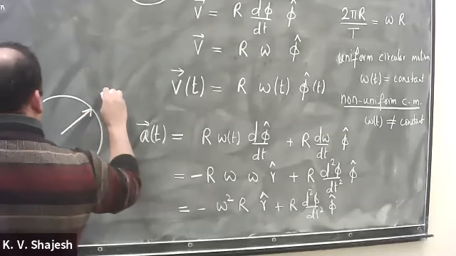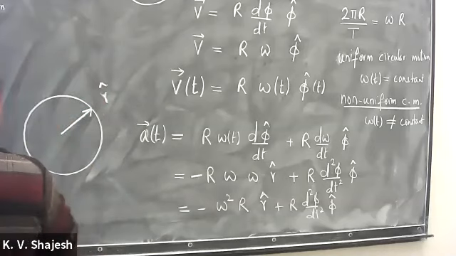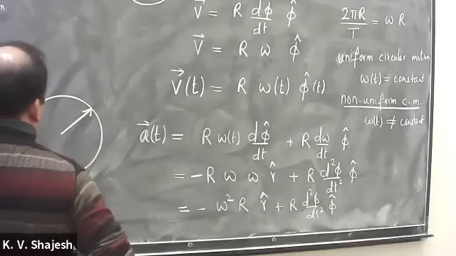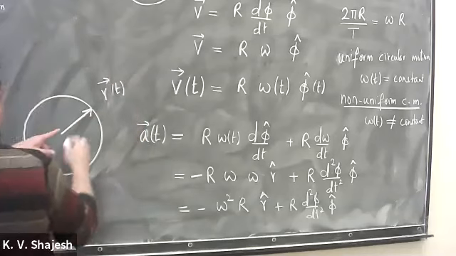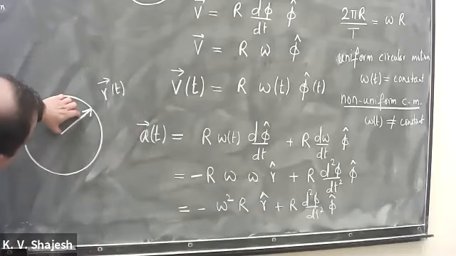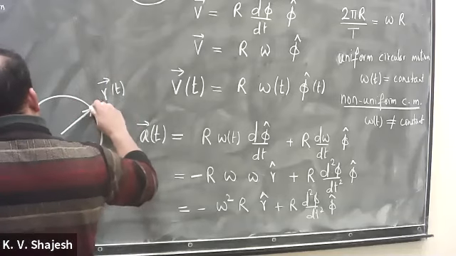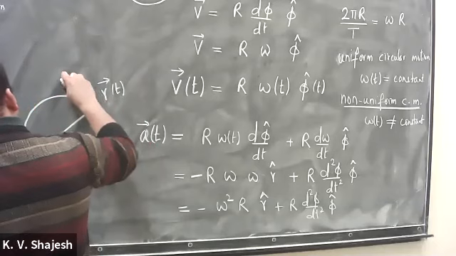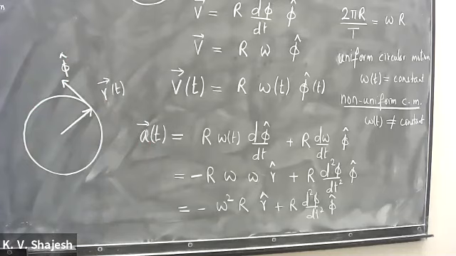That's your r hat, the direction of your position. What's your phi hat? That's tangent to this. In very simplistic terms, tangent is phi hat, radial direction is r hat.